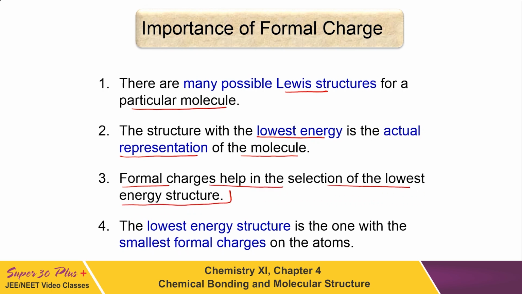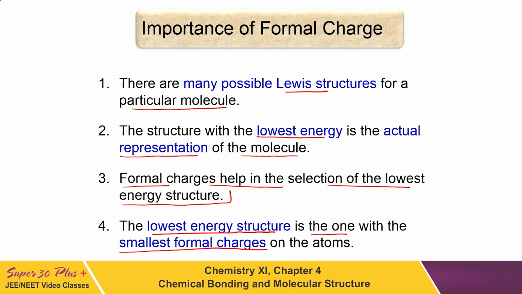So with the help of formal charge, you predict and find out which structure out of these has the lowest energy. And how to do this? You see, point number 4: the lowest energy structure is the one with the smallest formal charge. Now you got it, students? Now it is very easy.